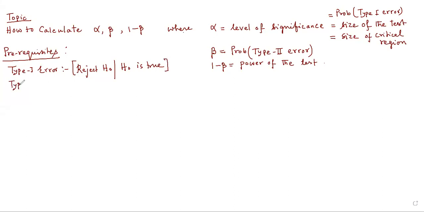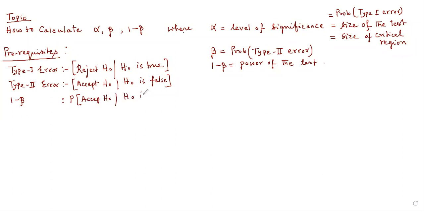Type 2 error means accept your null hypothesis when your null hypothesis is false. And 1 minus beta, that is the power of the test, is actually a probability of, sorry, not accepting, rejecting the null hypothesis when it is actually false.